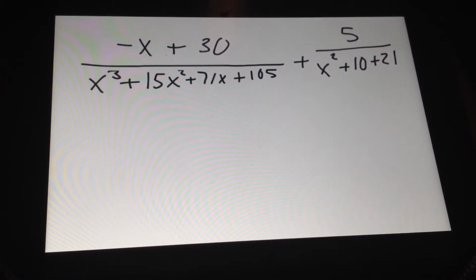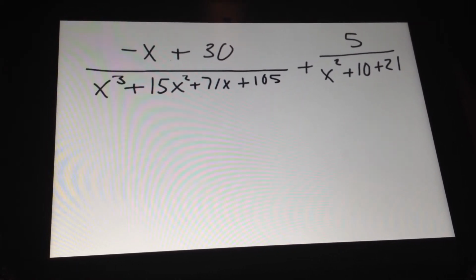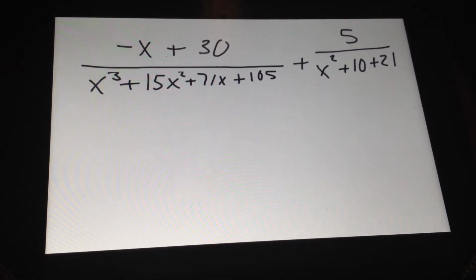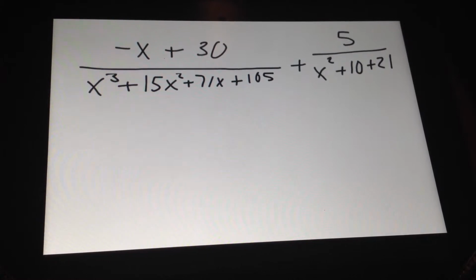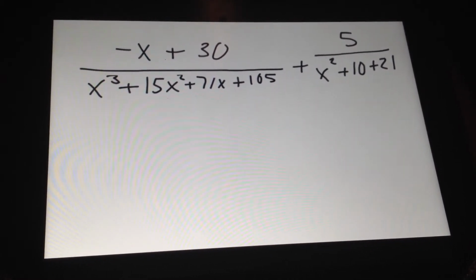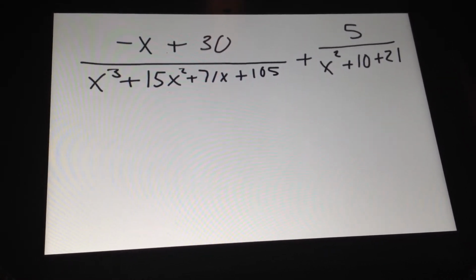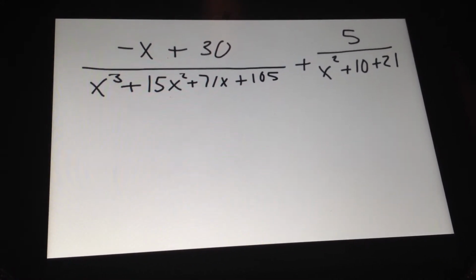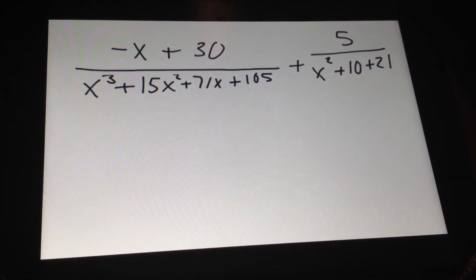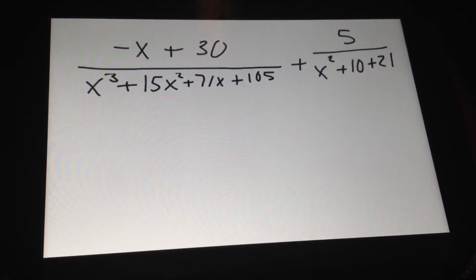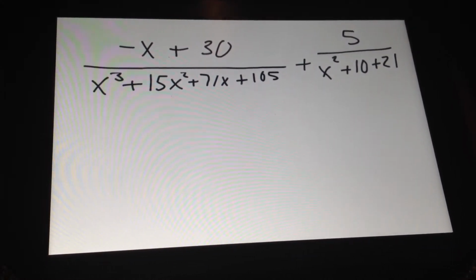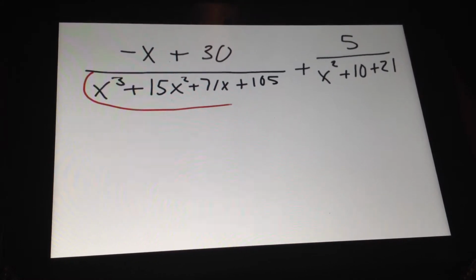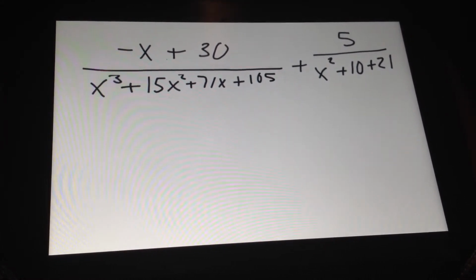Now, for this problem, we're going to start with factoring out the bottom numbers, because that usually helps you find the greatest common factor. If you can't see it when it's in standard form, you'll probably be able to find it when it's in factored form. So we're going to start with this huge one right here on the bottom, and we're just going to take that out.